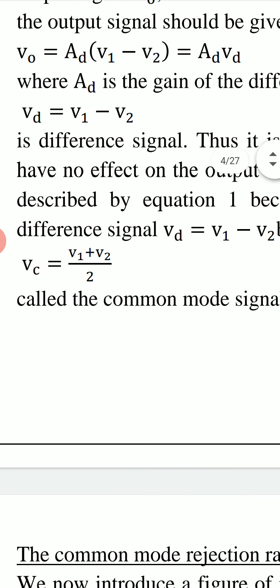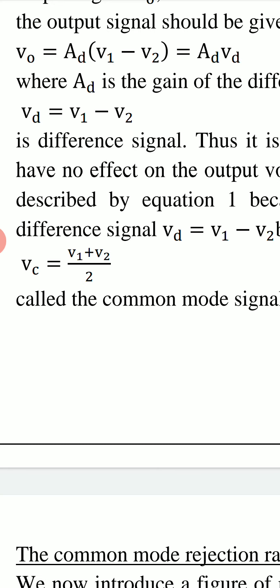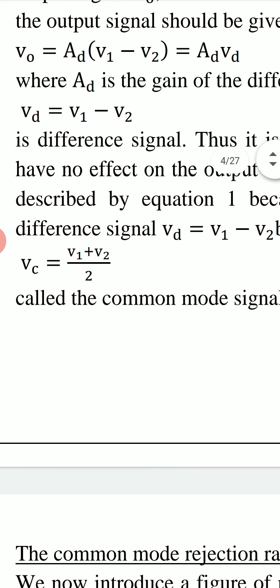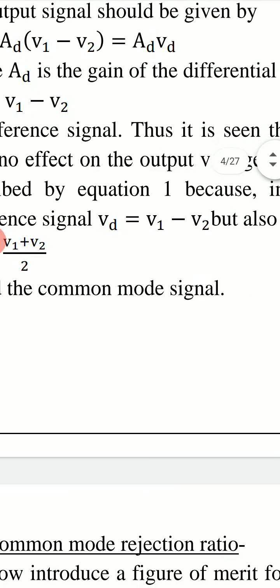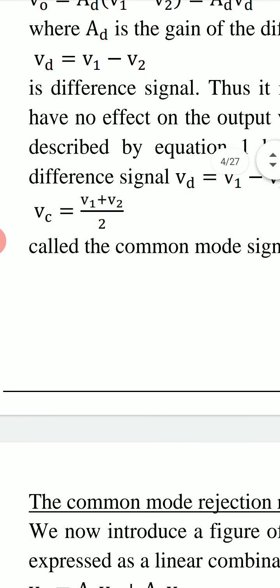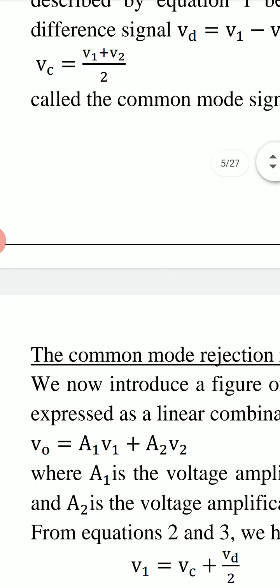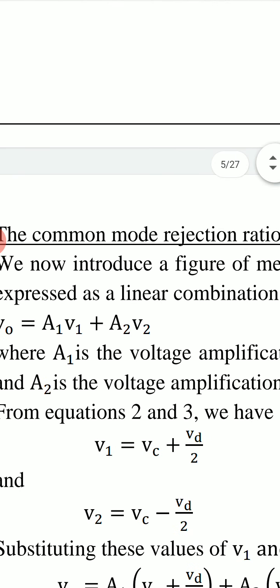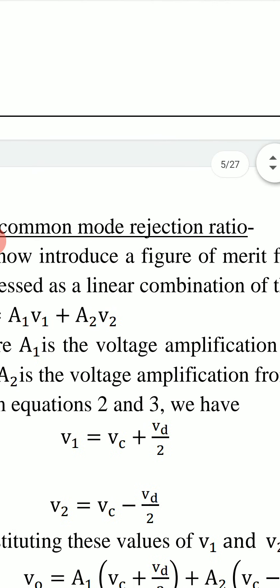So, we write VC equal to V1 plus V2 upon 2, and this average signal VC is called the common mode signal. Now we define the common mode rejection ratio.